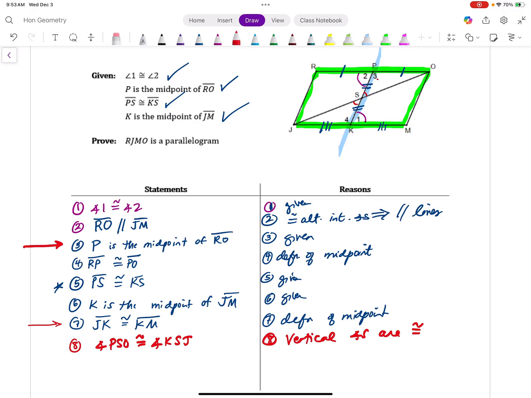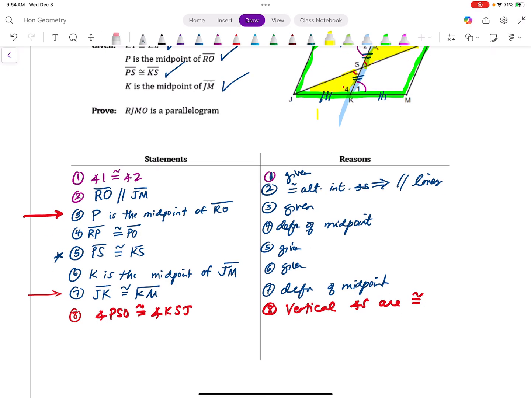If I can show that angle 3 and 4 are congruent, then those 2 triangles that I just highlighted will be congruent because of angle side angle. And then I can have those corresponding parts be congruent, which will tell me that these are the same length. Ooh, okay, yeah, I'm pretty sure I'm going to come back and get rid of that one. But let's keep going. What's going to be the best way of saying that?